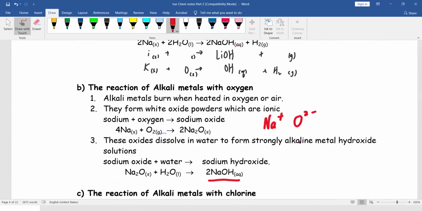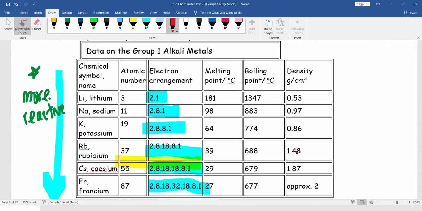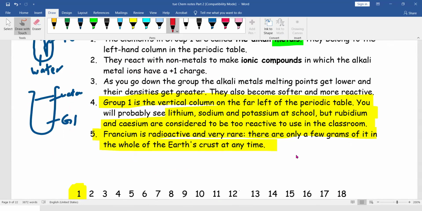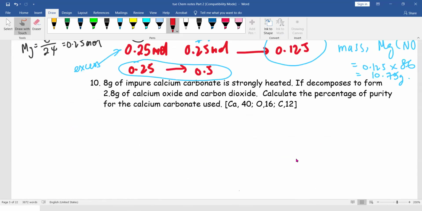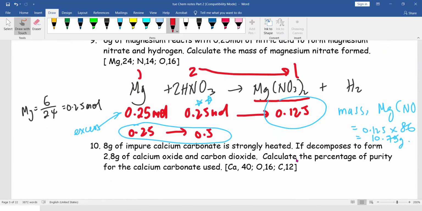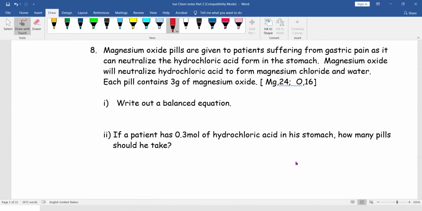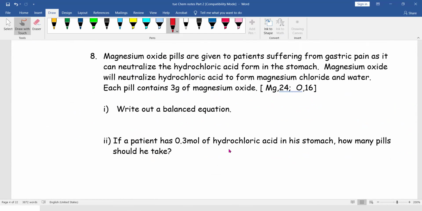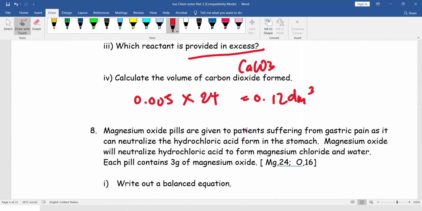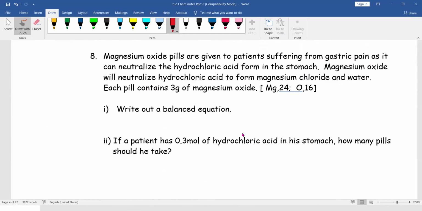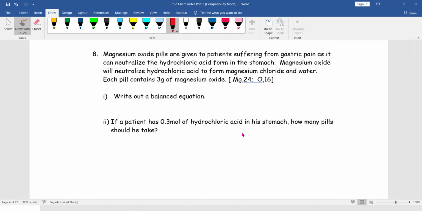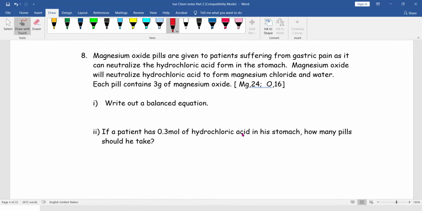Now let's try this question. Wait a moment, and there's one question. Where is it? The front of the question. Question 8. Just now we did some, right? Read the question.